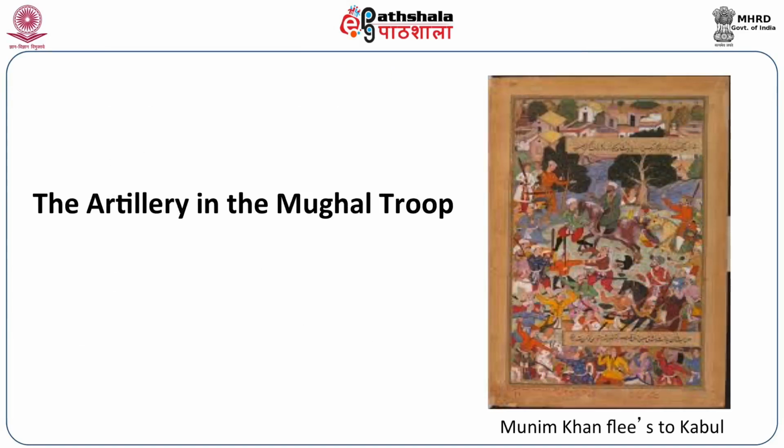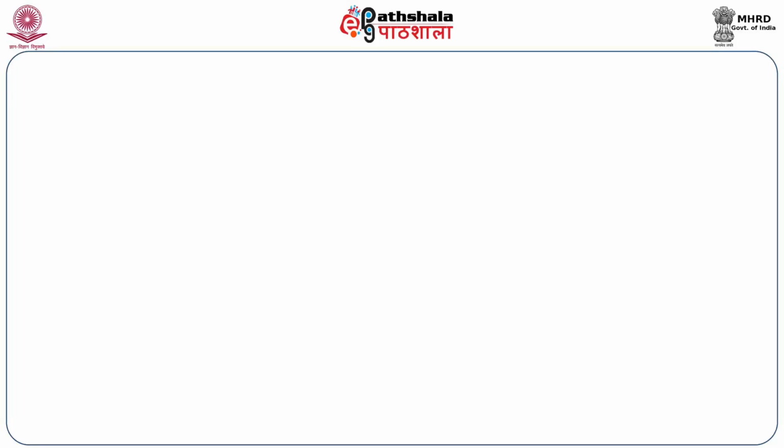Now, let's move to the artillery in the Mughal troop. The difference between the army of the Delhi Sultanate and the army of the Mughals is that the Mughals excelled in their artillery capacity even in the contemporary world.